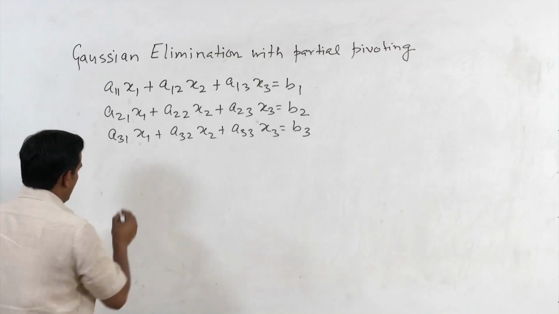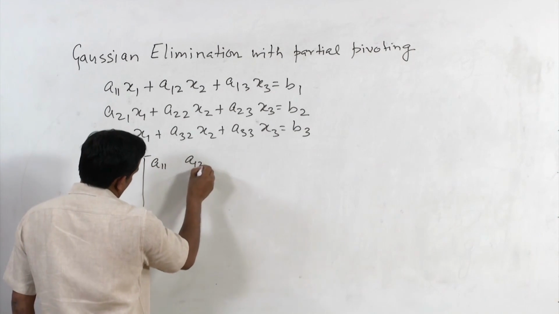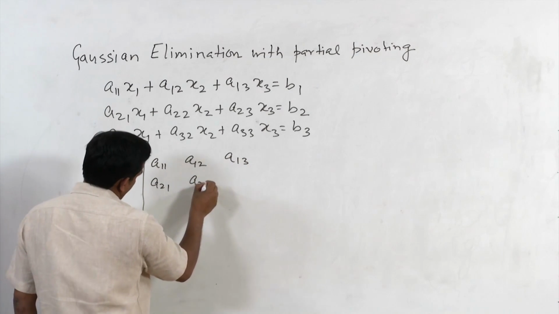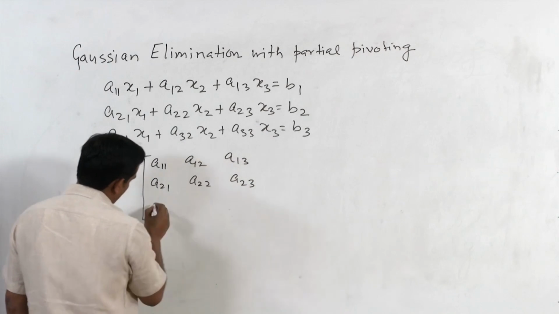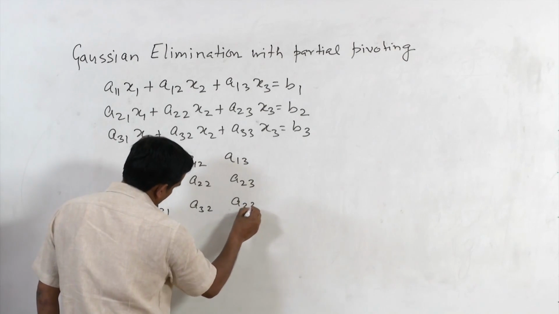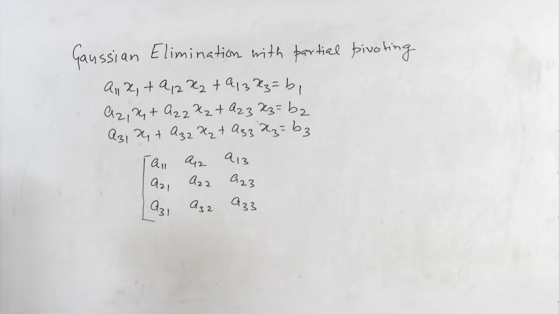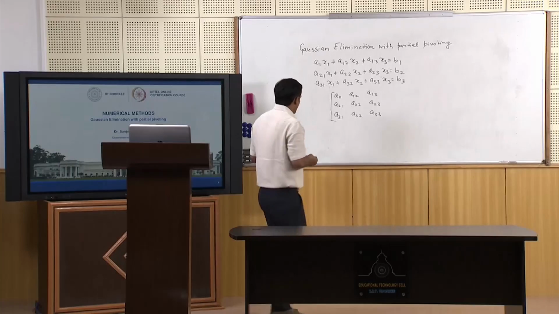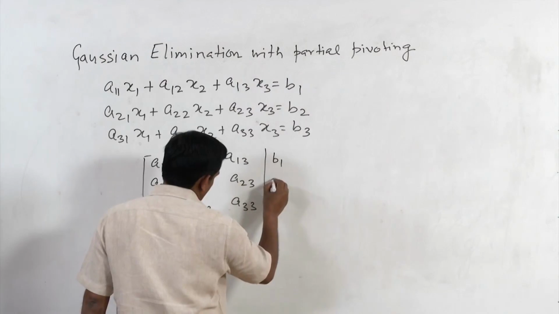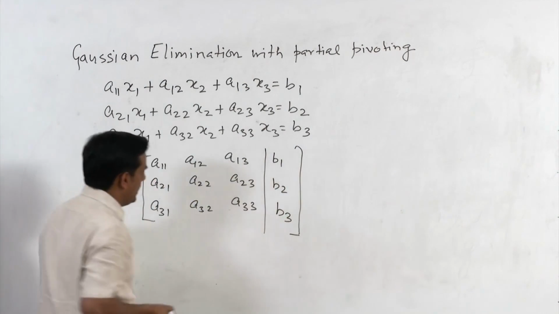In matrix form I can write the coefficient matrix as a11, a12, a13, a21, a22, a23 and the coefficients of the third equation. So, these are the 9 coefficients of x1, x2, x3 in all 3 equations, and if I add the right hand side vector here, then this becomes the augmented matrix.